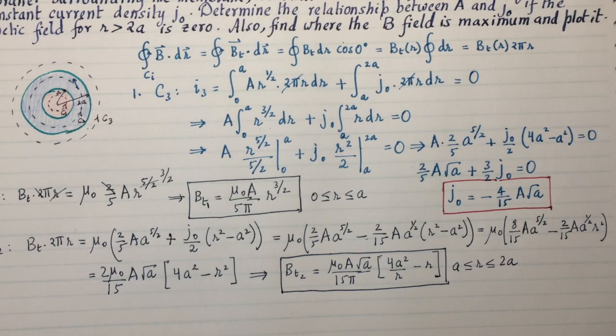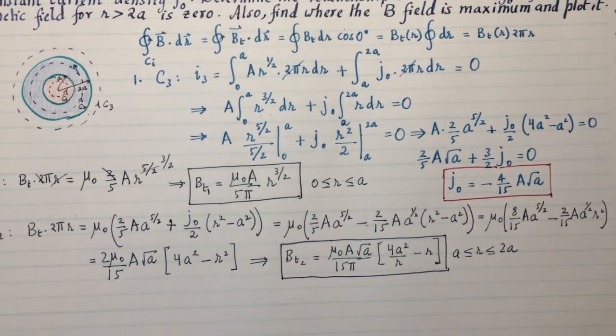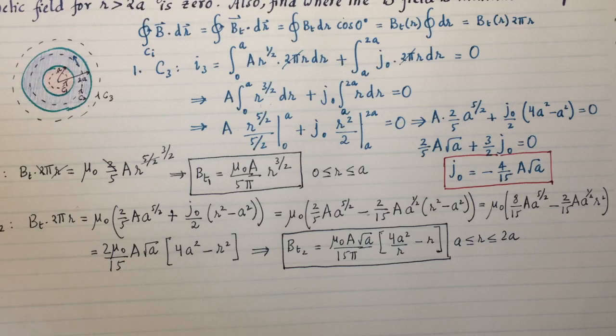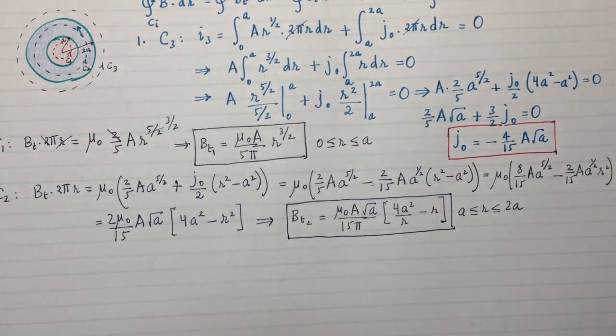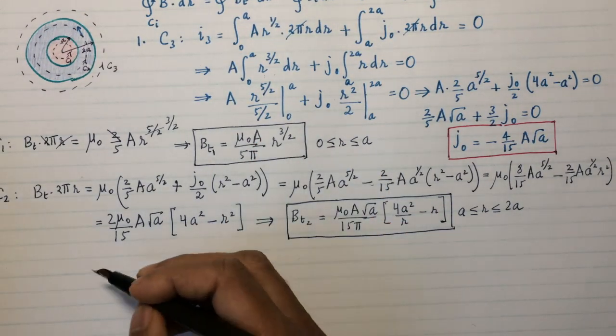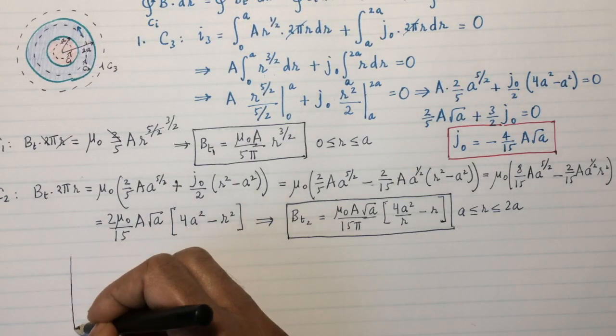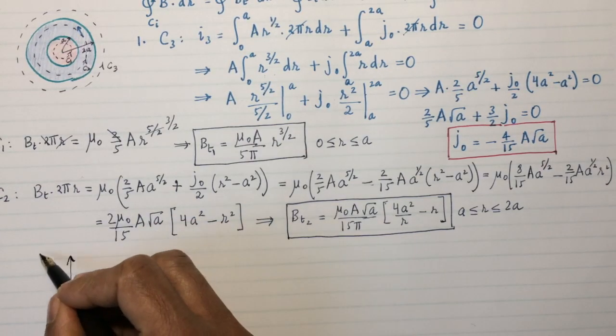And for r bigger than 2A, this is 0. That's how we got this condition. Let's plot this. That's the last step. That way you can also figure out where it would be the maximum. One way to find the maximum is to do calculus on both of them, but it's probably just easier to plot it and see if there's something simple that comes out.